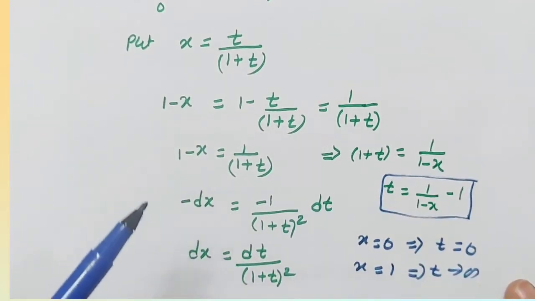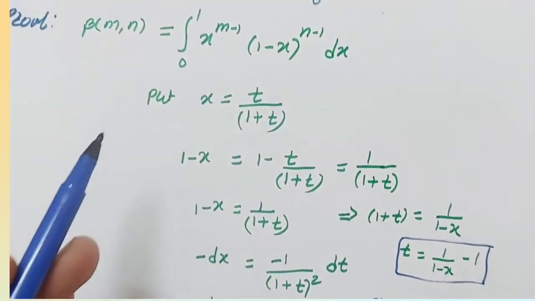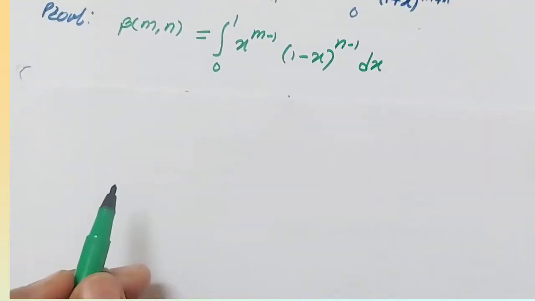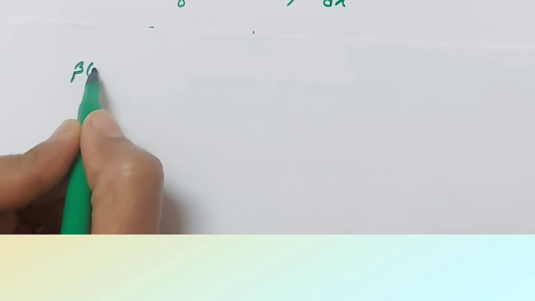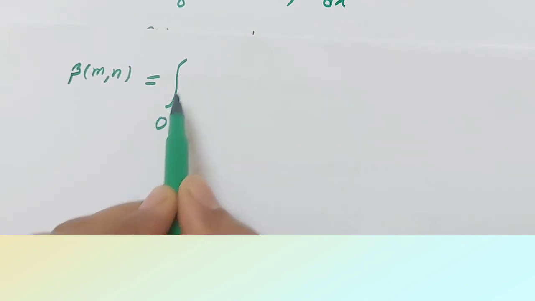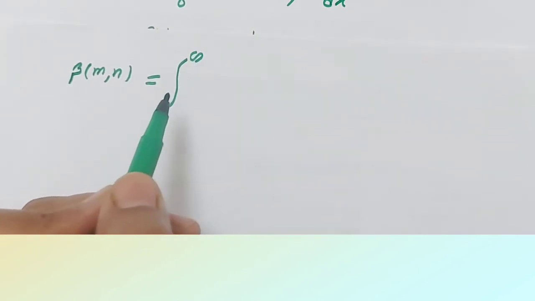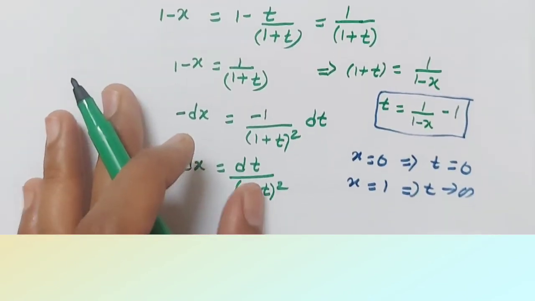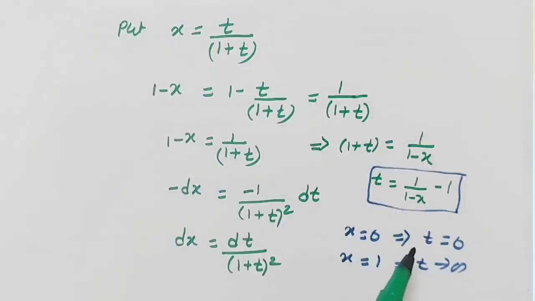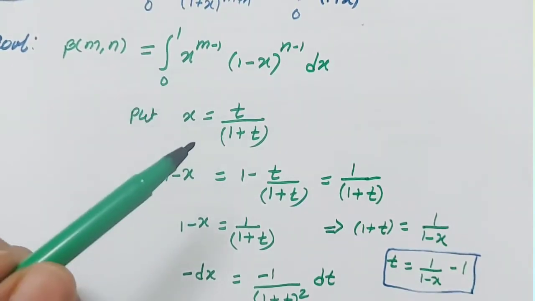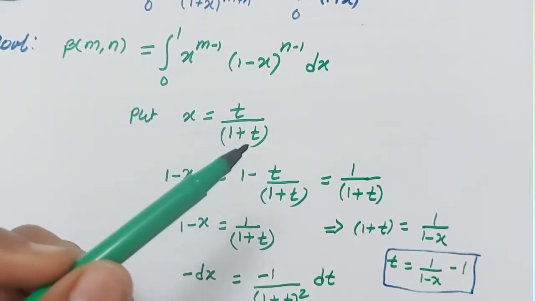Now if we put all the values in our definition of the beta function, then this integral becomes beta of m comma n is equal to the integral, where the lower limit is 0 and the upper limit of t is infinity. The next term is x raised to the power m minus 1, but our x is t upon 1 plus t.